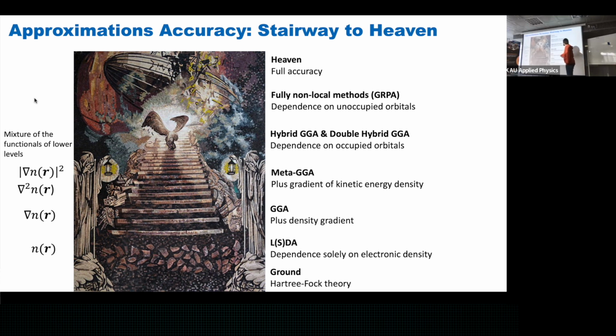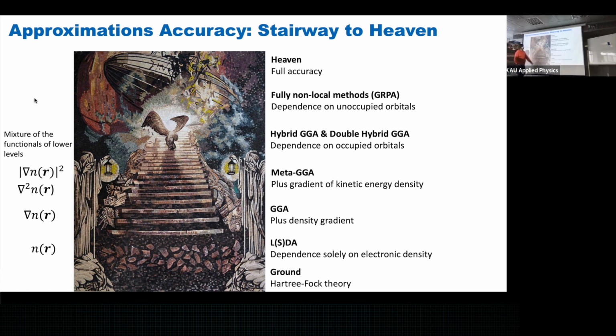Meta-GGA is GGA plus kinetic energy density. We can show it in two ways: this is kinetic energy, or this is kinetic energy density, or the gradient of kinetic energy density. And you see that each step is based on the previous step. This step is based on this, this is based on that, and this is based on Thomas-Fermi, on some ground level.